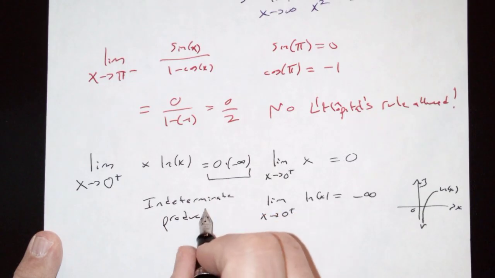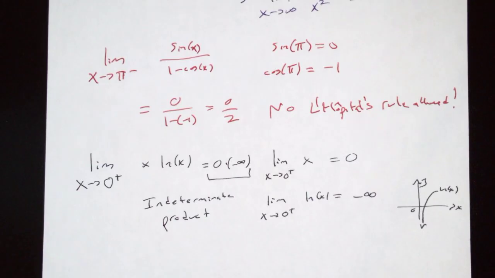But now it's an indeterminate product. And I only used L'Hopital's rule on quotients. So as far as I know right now, L'Hopital's rule is useless here. Unless I can find a way to change a product to a quotient.